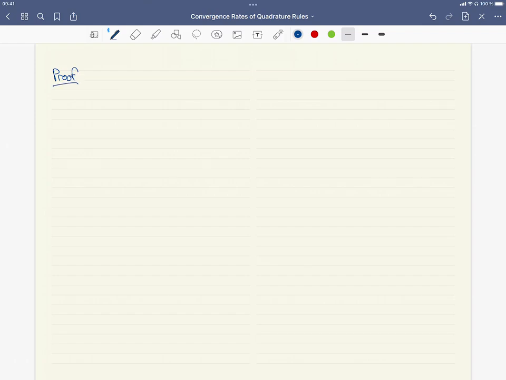So I want to prove this to you, and the proof is nice by itself. It works like this. So Clenshaw-Curtis is exact for polynomials up to degree n minus 1.